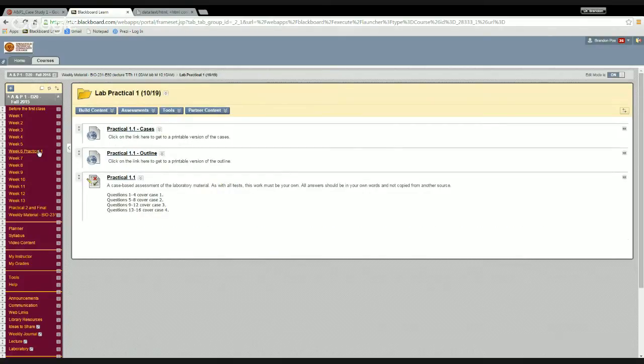And I want to talk a little bit about the practical. So in a laboratory science course, there's a special kind of test that's given for the laboratory section, which is called a practical exam.